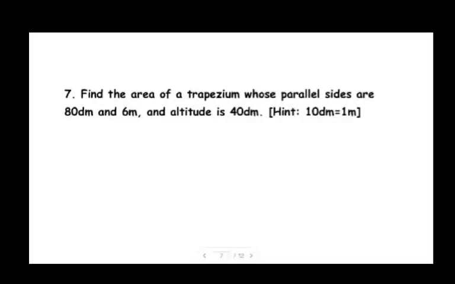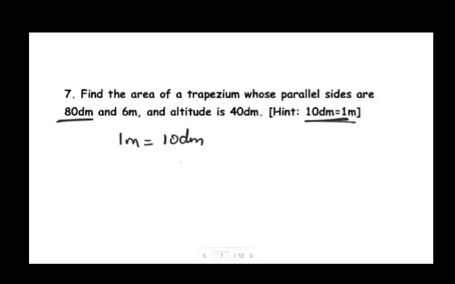Find the area of a trapezium whose parallel sides are 80 dm and 6 meters and altitude is 40 dm. And here's the hint: 10 dm is equal to 1 meter. So 1 meter is equal to 10 dm.